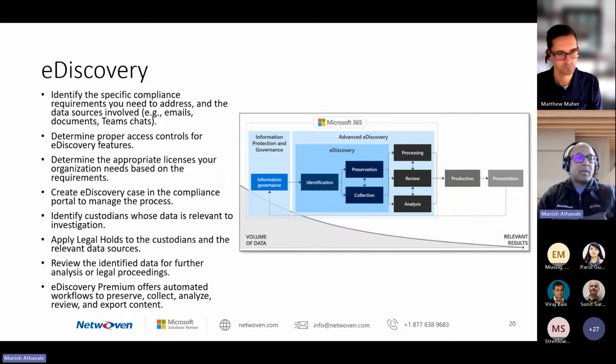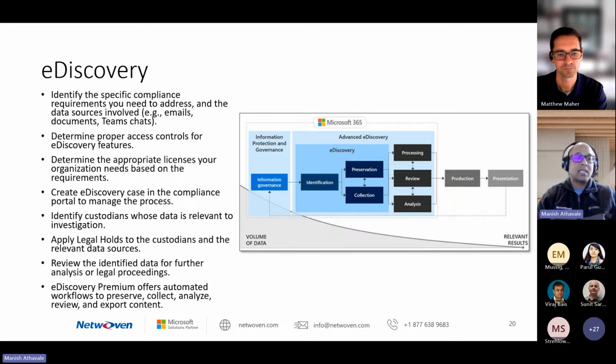Then you determine the appropriate licenses your organization needs based on the requirements. You make sure that you have e-discovery standard or e-discovery premium based on the requirements of your users and your organization. Then you create the e-discovery case in the compliance portal to manage the process.